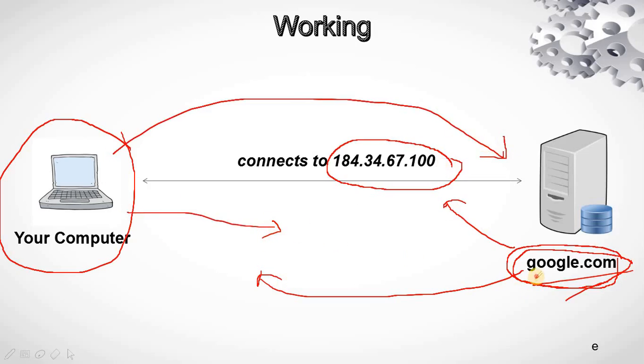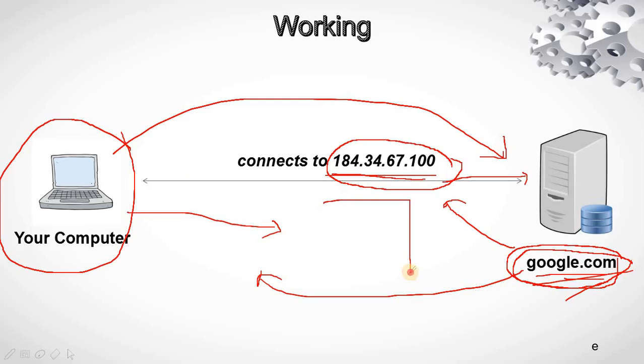The DNS server will query whether or not google.com is listed in their list, and if it is, what the IP address of that particular domain is. Once the IP address is found, your connection is forwarded to the server of google.com, and google.com appears in your browser.